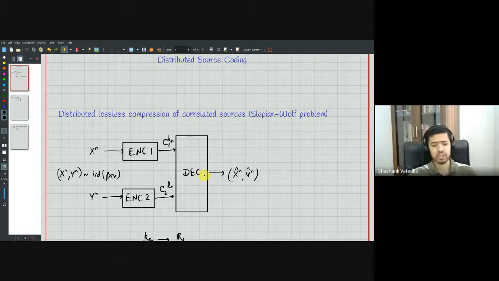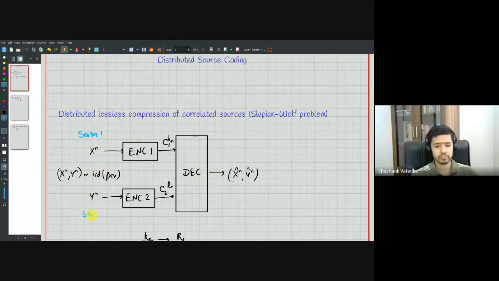Assume that the channels from the sensors to the server or the fusion center are noiseless. But although they're noiseless, you want to minimize the number of bits that is sent. So let us say that sensor 1 is making n measurements, and it wants to send these n measurements to the server.